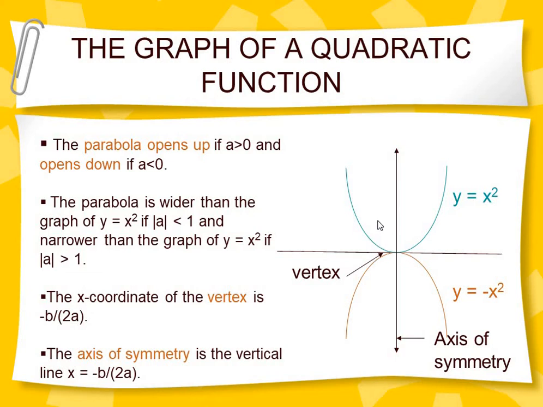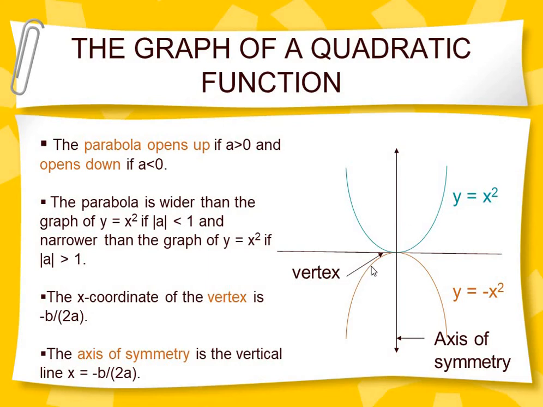So when I say x equals a constant, which is here 0, when I say x equals 0, first of all, this is the axis of symmetry equation, x equals 0. And second, this is the x coordinate of the vertex point.